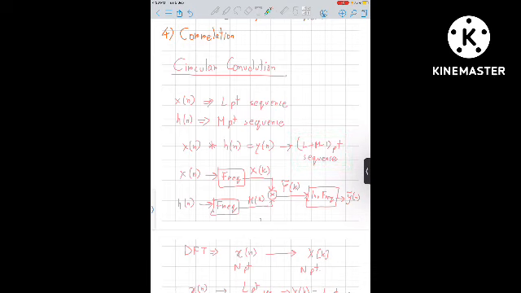Sometimes we do not want to implement the convolution directly because of the number of multiplications and adds involved.